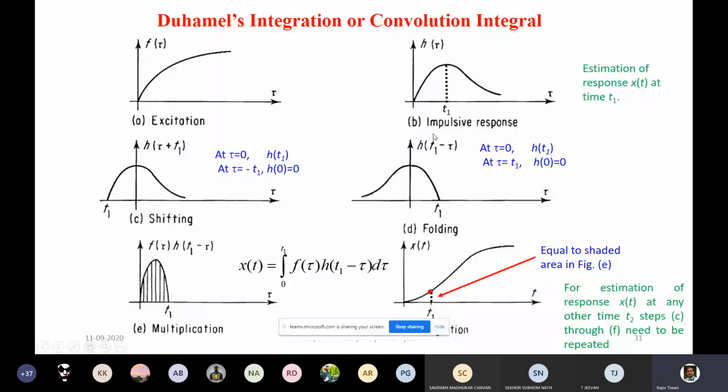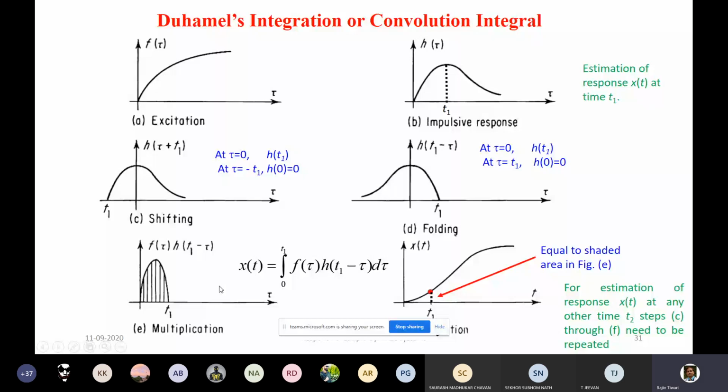Now this and the force we can multiply at different times, and we can add. If we multiply this, we get this form. You can see the force is not there at 0, so corresponding to this, all the terms will be 0 here. But these are the multiplication of the force f(tau) and h(t minus tau), graphically.